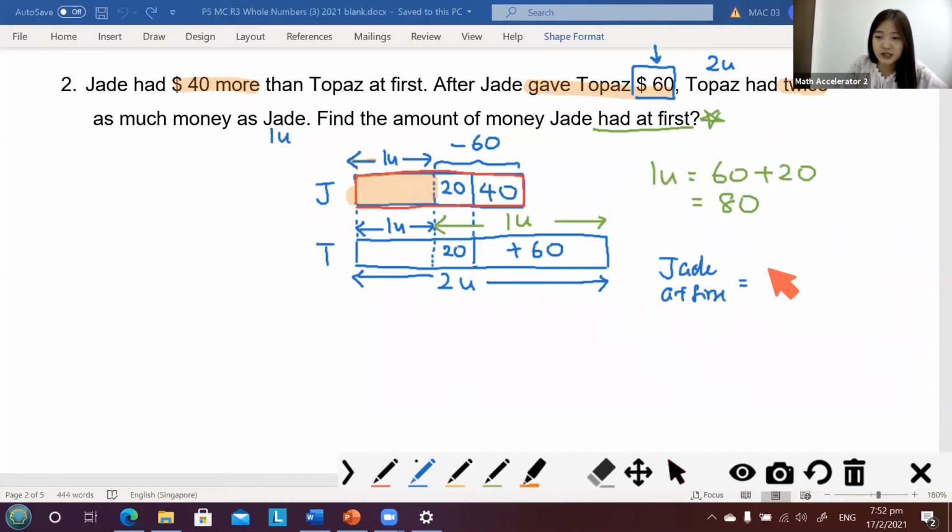1 unit, which is 80, plus 20, plus 40. Or you can just plus 60, also can, because 20 plus 40 is 60. So your final answer will be 140, yes. Final answer $140.